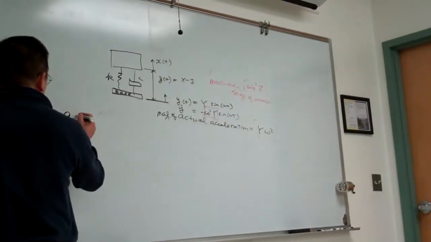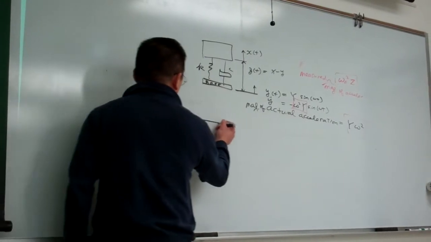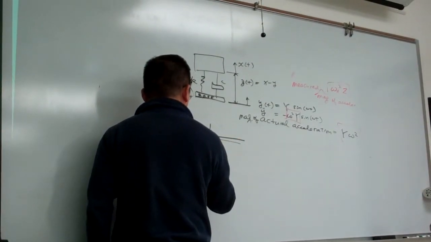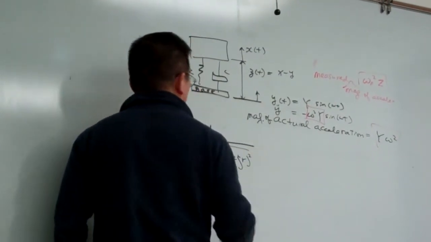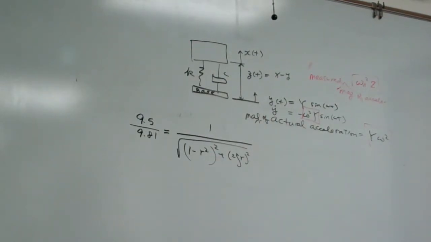So our measured is 9.5, and the real one is 9.81. So the magnitude is equal to 1 minus r squared plus 2 zeta r squared. So keep that in mind.